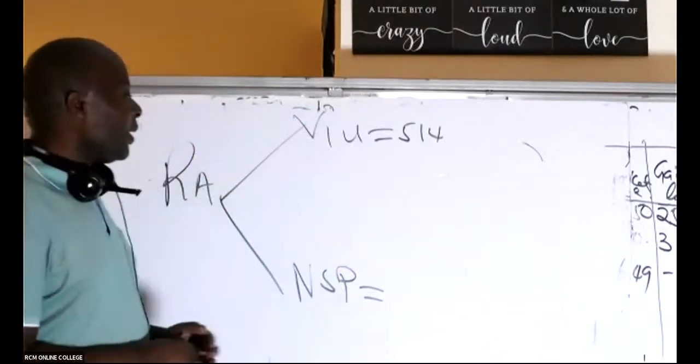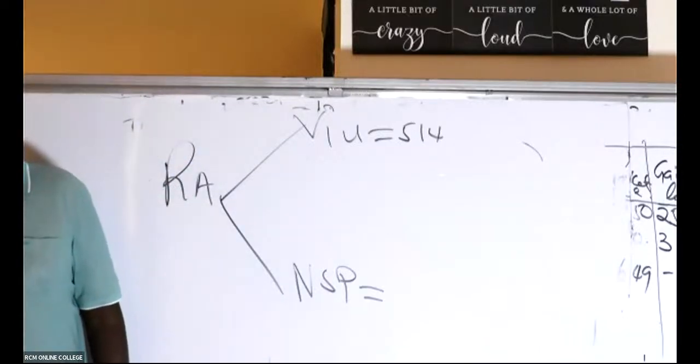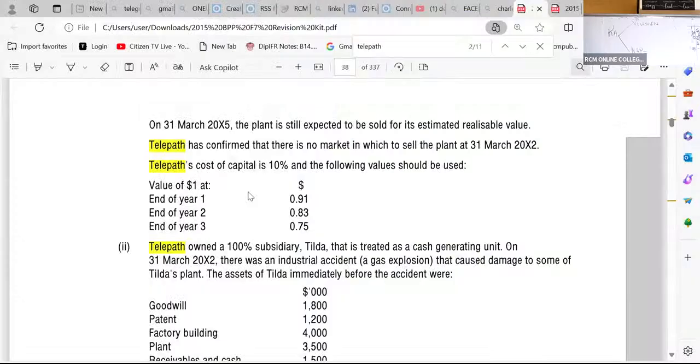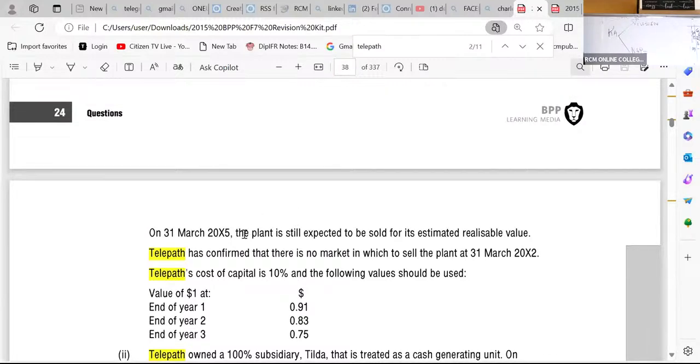All right. Then come and read something to do with the net selling price. Somebody is telling me it's 0. We are told here: on 31st March X5, the plant is still expected to be sold for its estimated realizable value, which is 50.